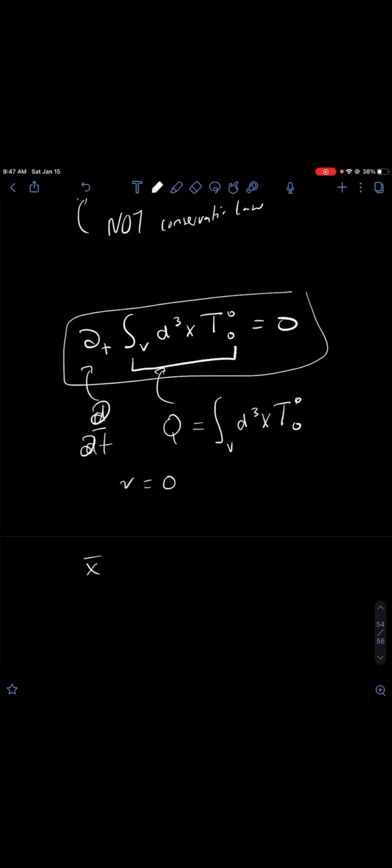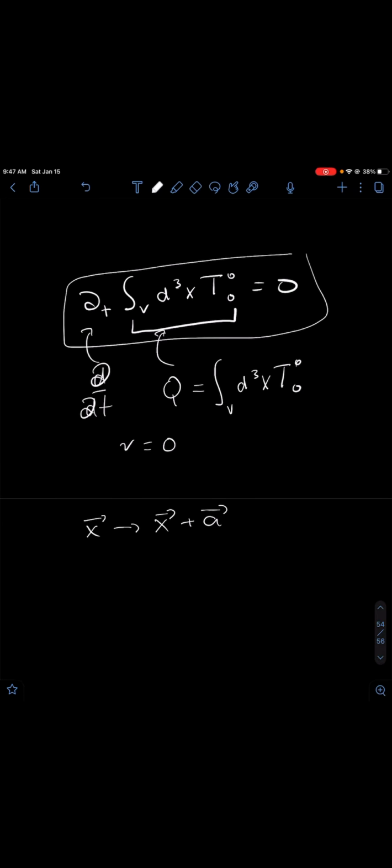Some point in space-time x was transformed into x plus a, some vector. This is just some point in space-time, so that's going to be t, then x1, x2, x3, which would eventually be x, y, and z.